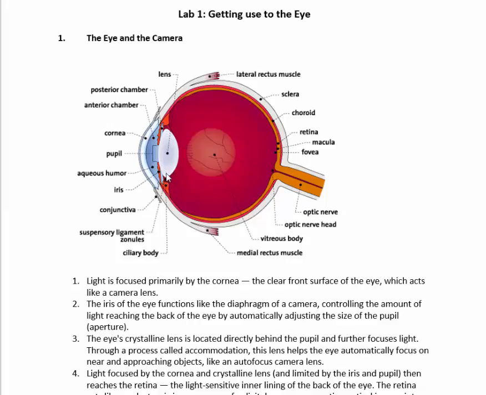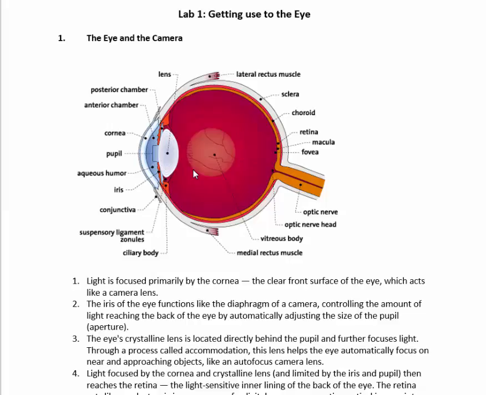When they stretch, the lens becomes thinner, and when they contract, the lens becomes thicker. This helps you to view a near object or a distant object. When you are looking at a distant object, the lens will actually stretch, making its power less. And when you are looking at a near object, the lens will become thick, making the power bigger.